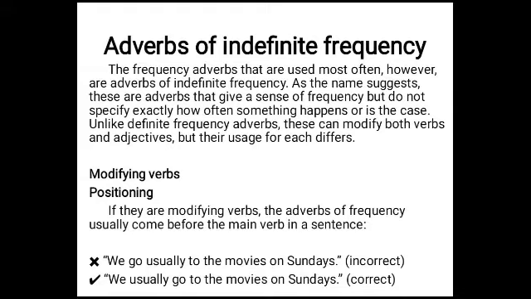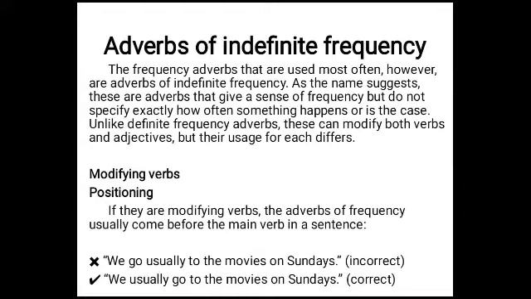Let's look at the difference of the two sentences. So the first sentence is incorrect and the second sentence is the correct one. It's because the adverbs of frequency usually come before the main verb in a sentence. So it is incorrect to use the main verb first and then the frequency.